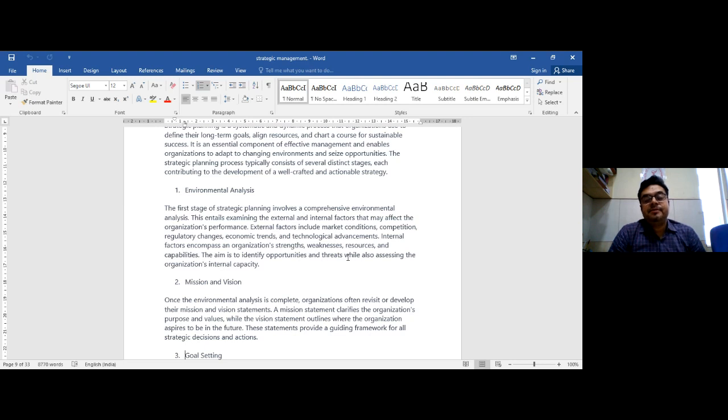These statements should provide a guiding framework for all kinds of strategic decisions and actions. Overall, that is meant for the long-term needs of the organization.